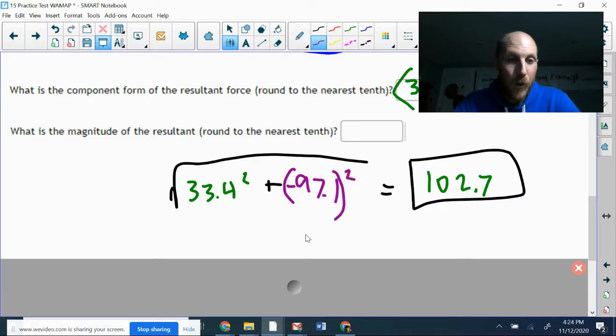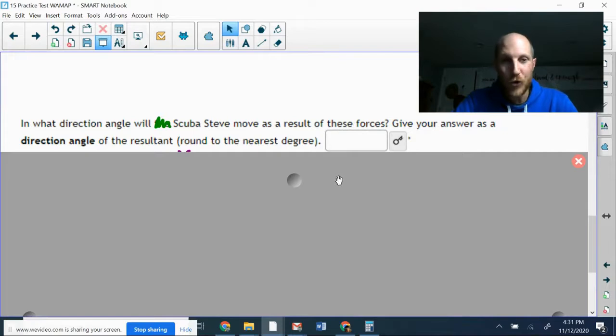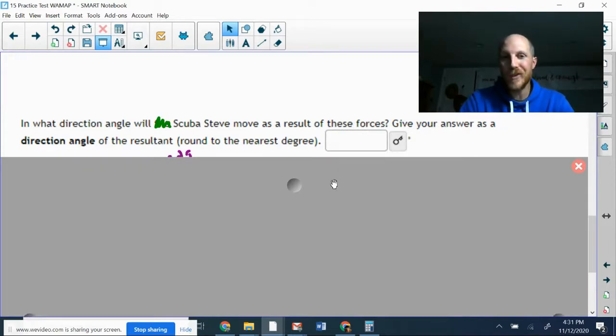At any rate, the square root of 33.4 squared plus negative 97.1 squared gives me 102.7. That is my magnitude. Okay, last part asks us to find the direction angle. What direction angle will Scuba Steve move as a result of these forces, meaning the swimming force and the current force? Give your answer as a direction angle of the resultant, round to the nearest whole degree.